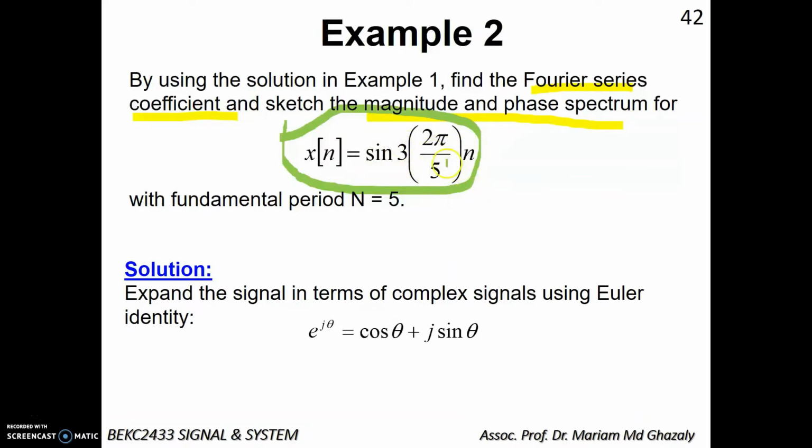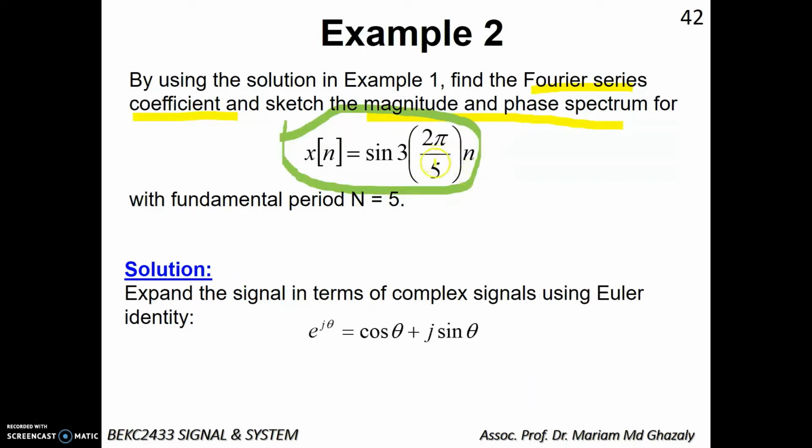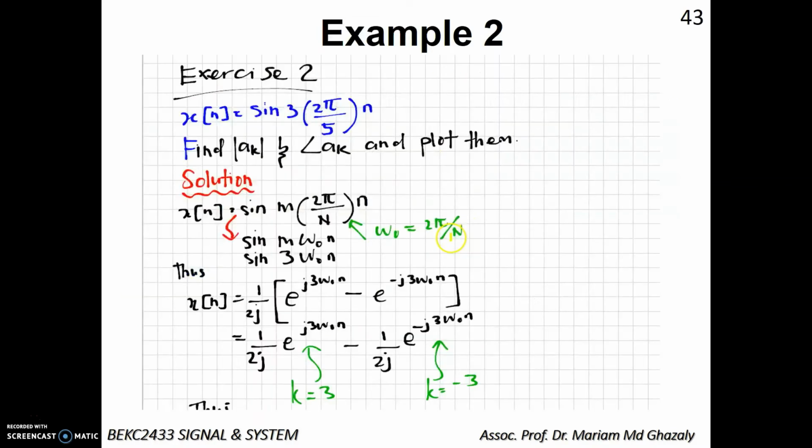So if you compare this equation, what you can see is that the value for N is actually 5, where you can basically determine that you have the fundamental period N equal to 5 here. Okay. So what you need to do is use the Euler identity to expand this equation, similar to what you have done in example 1.